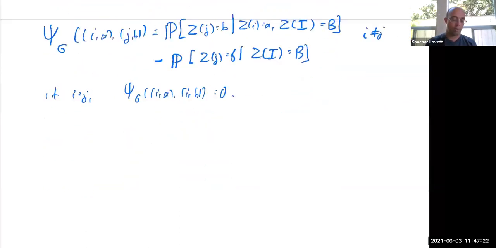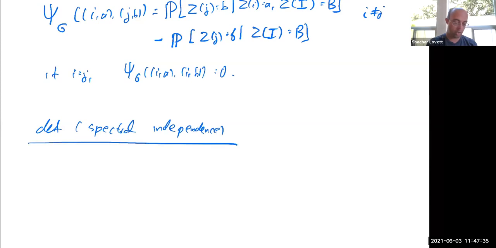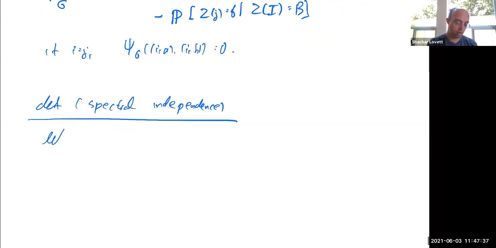Okay, and now we're going to come to the final definition of spectral independence. It's going to say the following thing. Let mu be a distribution over 0, 1 to the n.